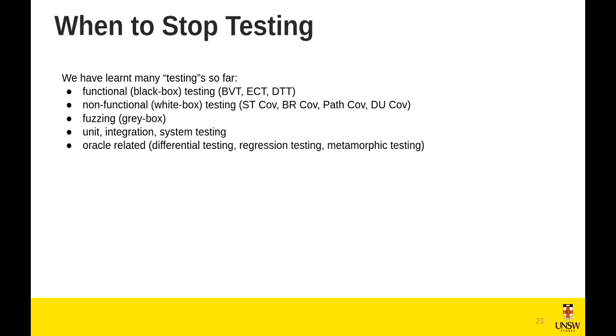And we also learned some oracle-related testing techniques like differential testing, regression testing, and metamorphic testing. And this Tuesday, we also learned mutation testing, which is a special technique to evaluate the quality of test cases and other testing techniques. And just now we learned combinatorial testing.